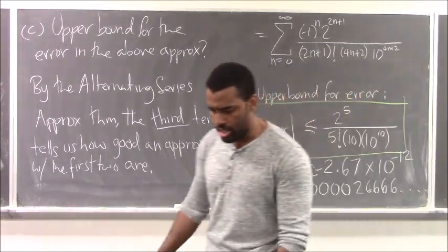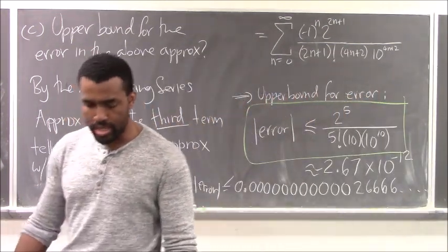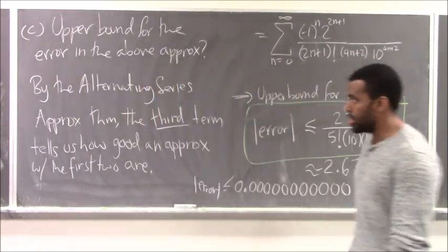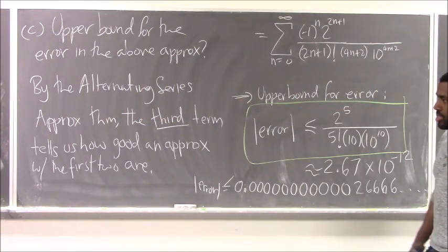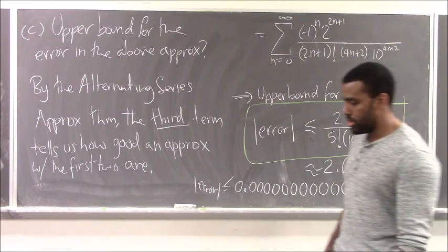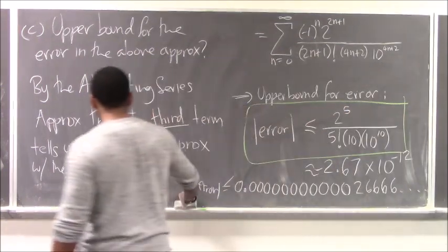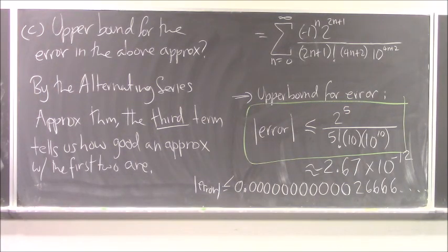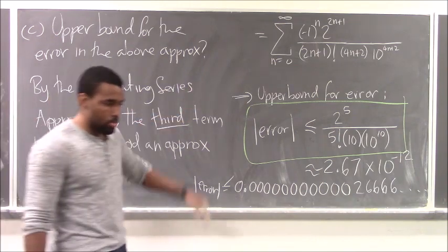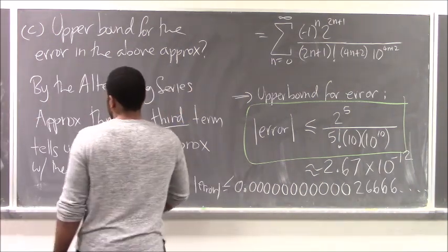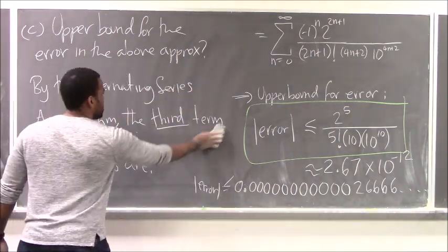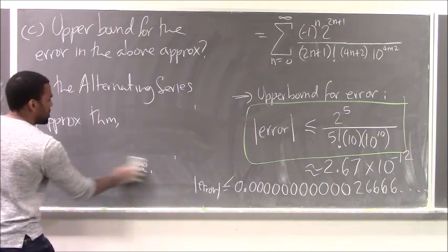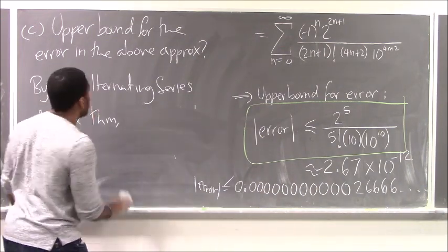Your sine function has a slope of less than 1 at that point. It's not going to grow very fast. So just adding the first 2 terms of the series can get you close to the answer. But yeah, that's how you'd find the error. So that's a complete problem that you might do on a test. You can just say, by the alternating series approximation theorem, the upper bound for the error is blah.